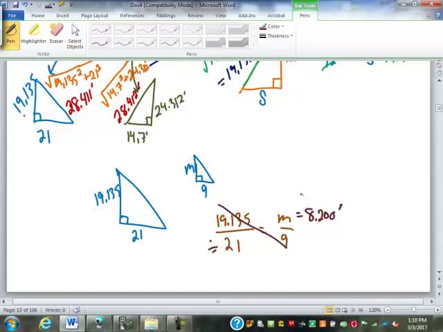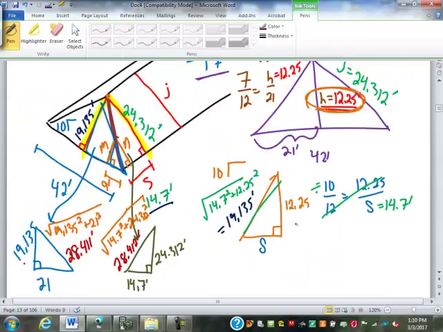Feet. So that's M. To find N, we've got to use kind of a little bit of an obscure thing here.